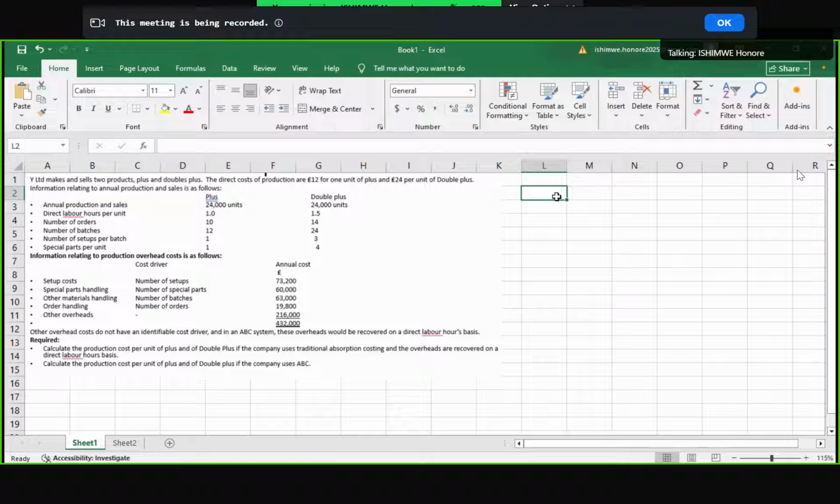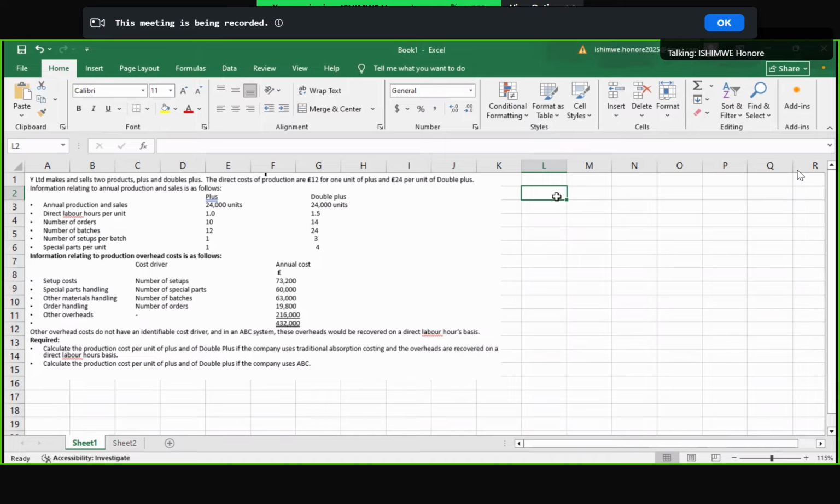I only require you to know 2 steps. If you know these 2 steps, you are safe for activity-based costing, whenever it comes up in past papers or any question. This is the approach you should use.